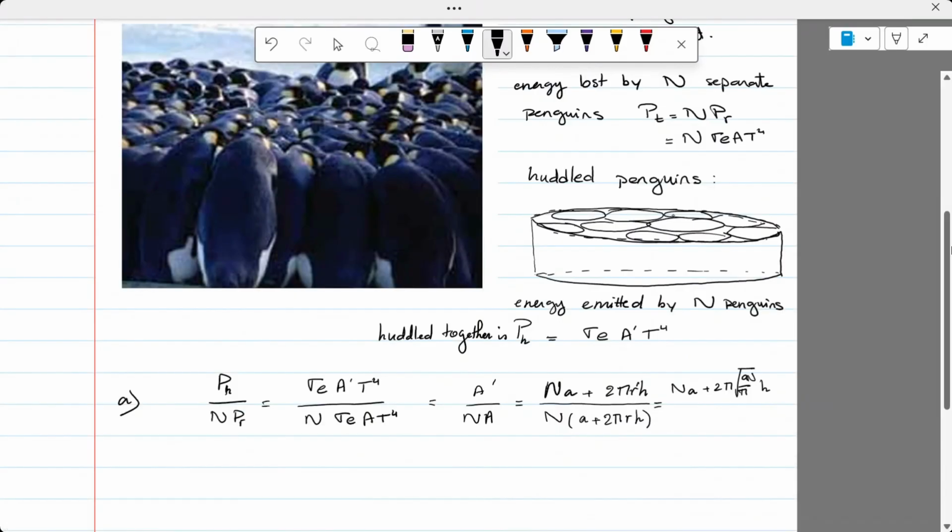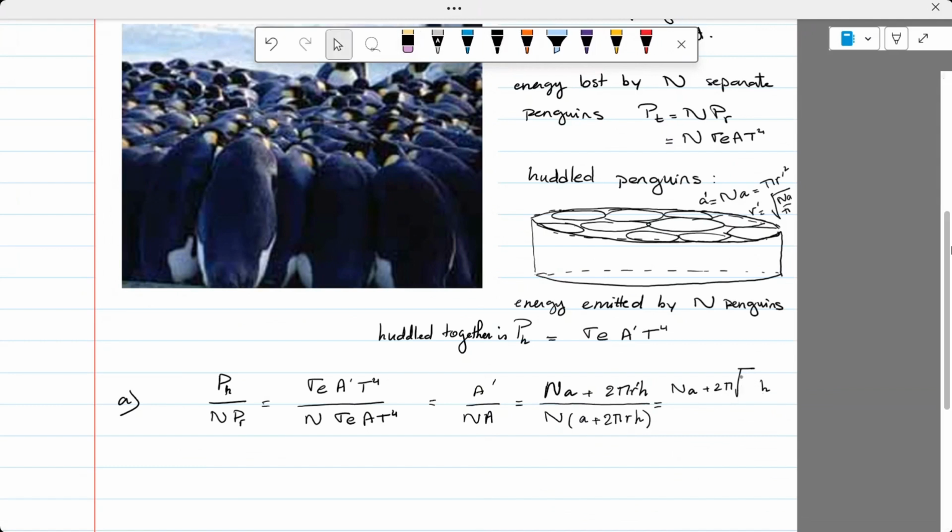For the big cylinder, the area A prime is equal to NA for the top face, which is, again, pi R prime squared. So R prime is going to be radical NA over pi. This is the radius of the big cylinder when the penguins are huddled together.